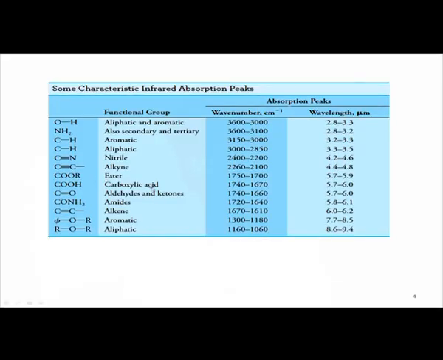When we have the carboxylic acid function, that means the OH is attached to this C=O function, it is in the same range, 1740 to 1670 centimeter inverse, only a slight change for the lower range of 1670. But when it is amide, there is again a change from 1740 to 1720, and the limit is also changing from 1660 to 1640.